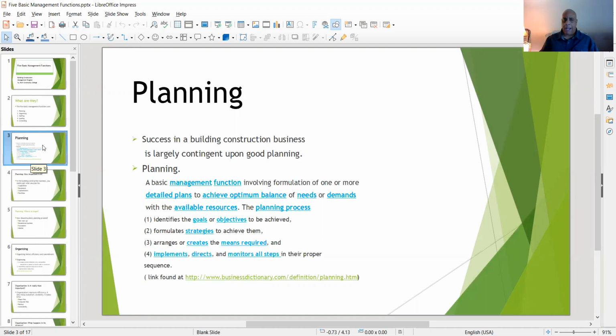So again, we talk about identifying goals and objectives, strategies to achieve the goals and objectives. We arrange, or we create, means required, and we also implement, monitor, and direct steps in their proper sequence.